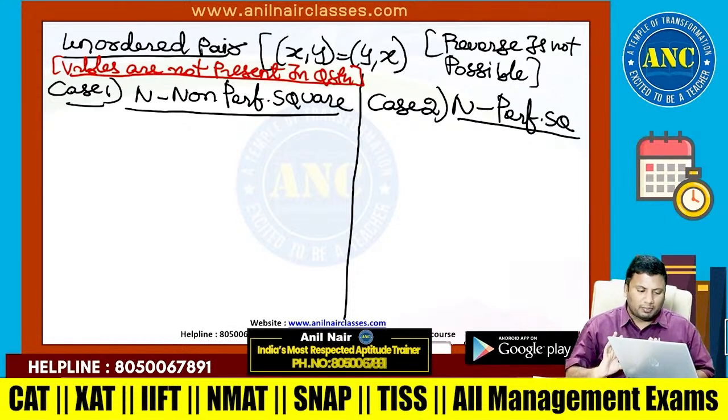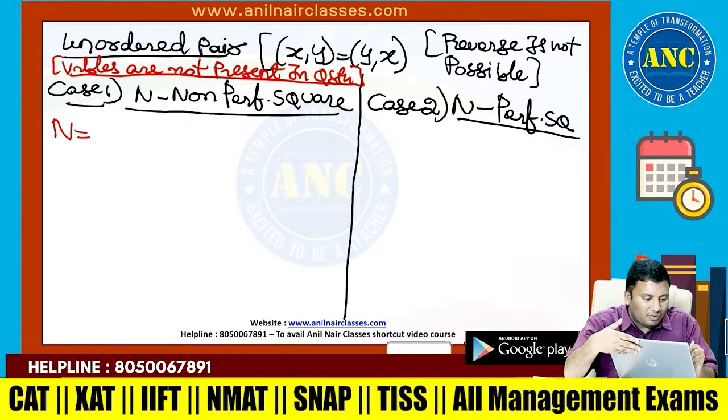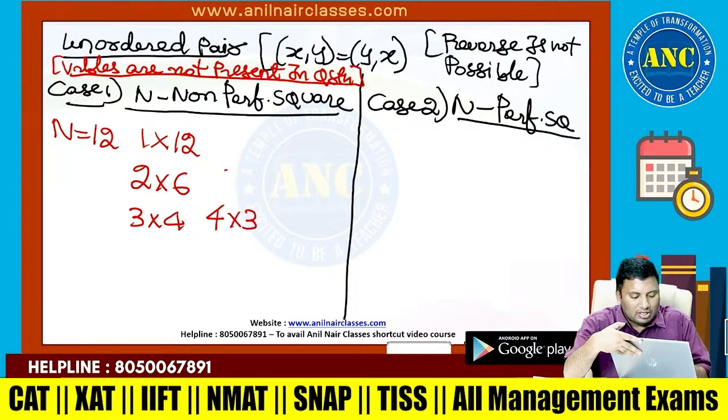I will do some examples. Let me explain case number 1 and case number 2. Suppose I take n value 12. 12 can be written as 1 into 12, 2 into 6, 3 into 4. Reverse is 4 into 3, 6 into 2, 12 into 1.